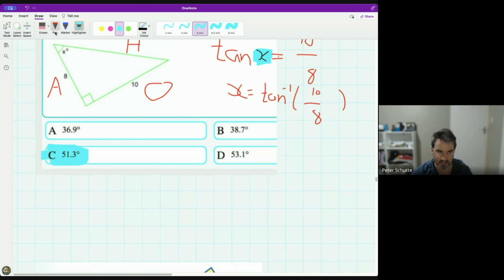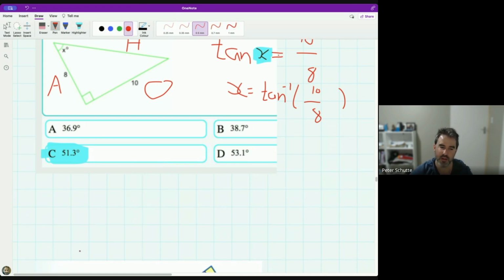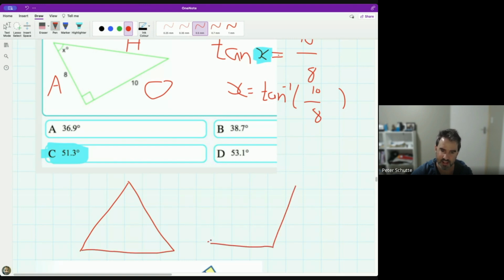In the next lesson, what's going to happen is we're going to start to learn what to do if we have triangles that are not right angled. Say we have a triangle like that, or we have a triangle that looks like this. This is not a right angled triangle. This is an obtuse angled triangle, and this is an acute angled triangle.